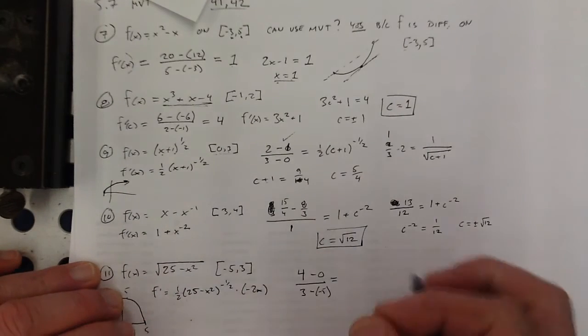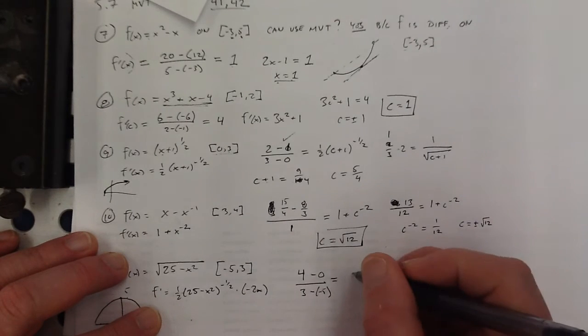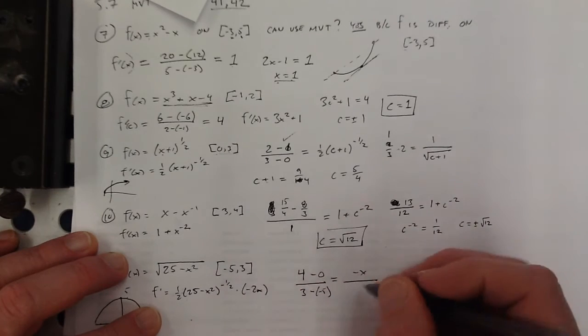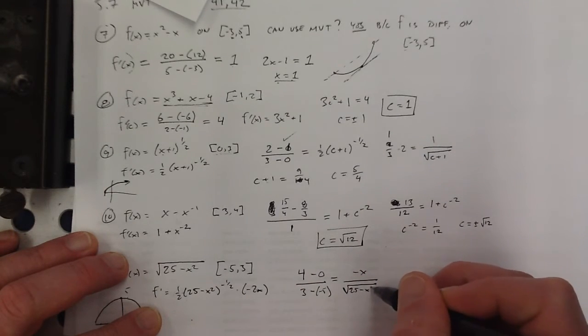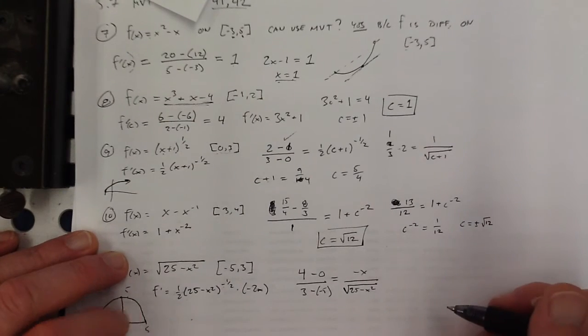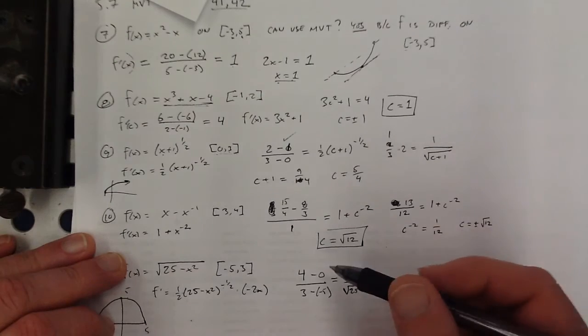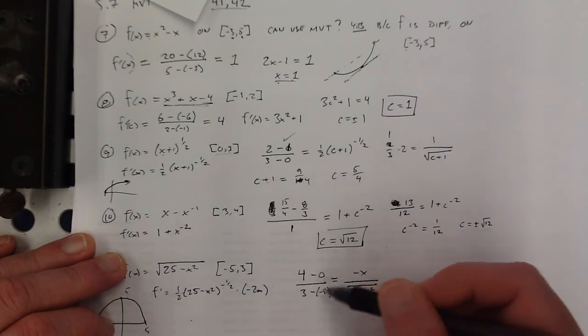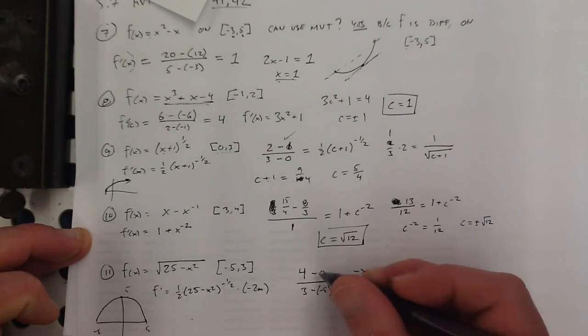And then the derivative, let's see if we can write this in a way that's a little more friendly, easy for us to see what's going on. So the 2's are going to cancel out. I'm going to get a negative x on the top, and then the square root of 25 minus x squared on the bottom because of the negative sign there. Okay, so if this is 1/2 here, and it is, then I could cross multiply.